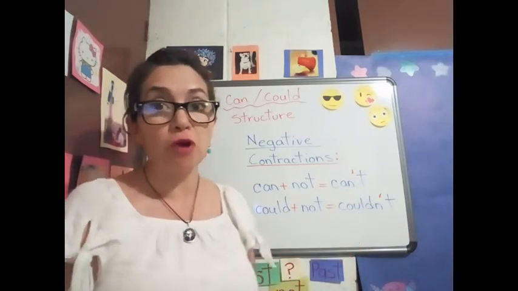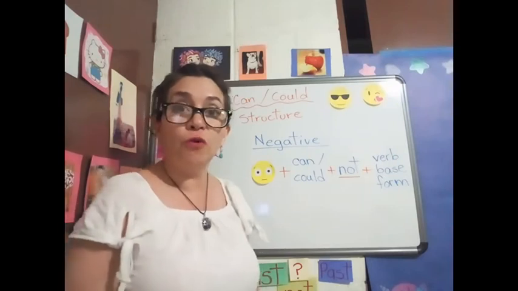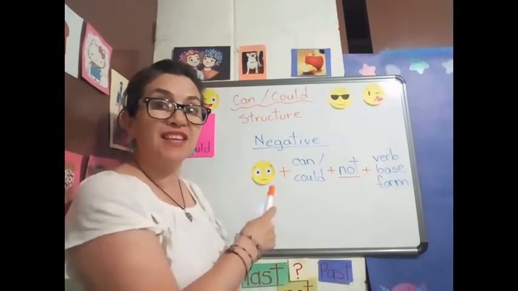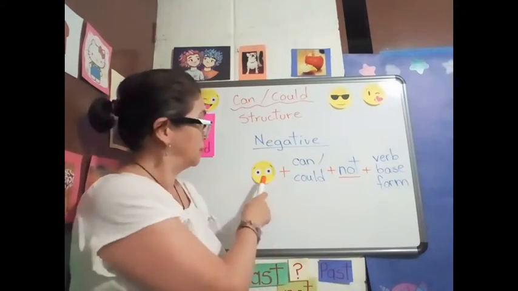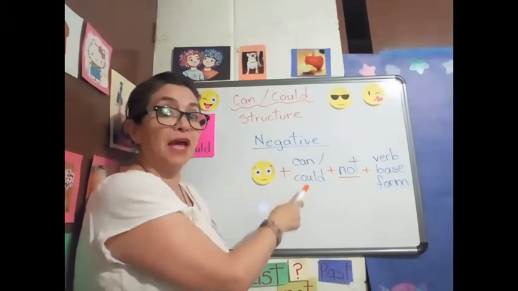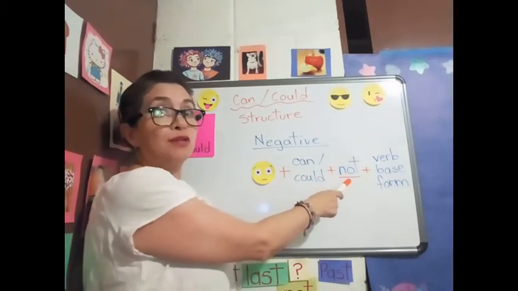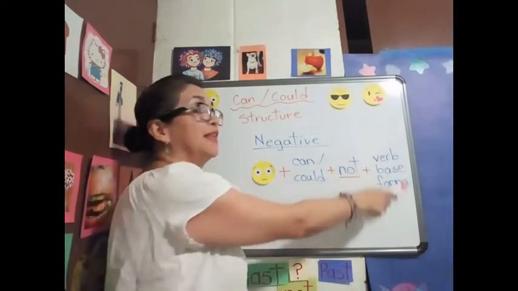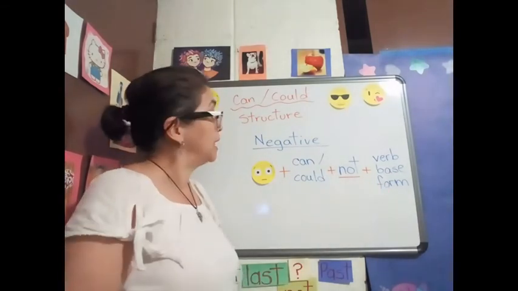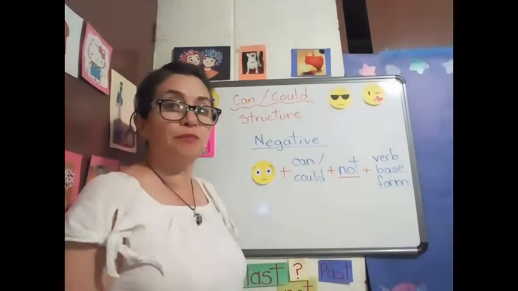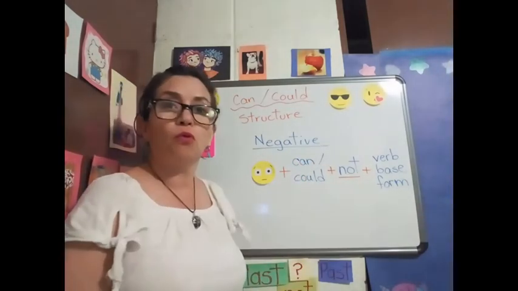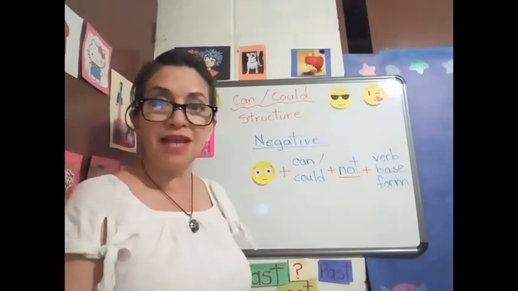Now let's see the structure. For the negative sentences with modal verbs can or could, the structure is like this. First we need the subject, then the modal verb can, could, plus the word not, and then the verb in base form, the action verb. We can use the contractions as well.